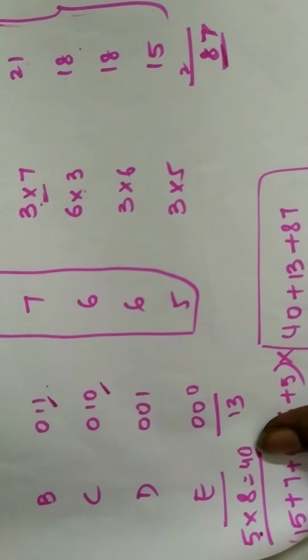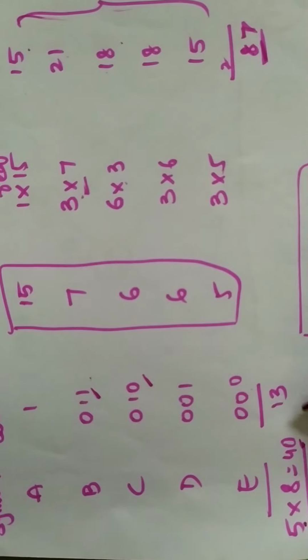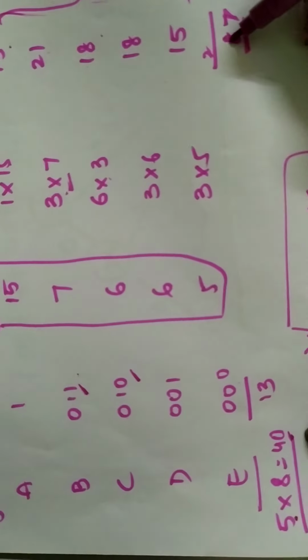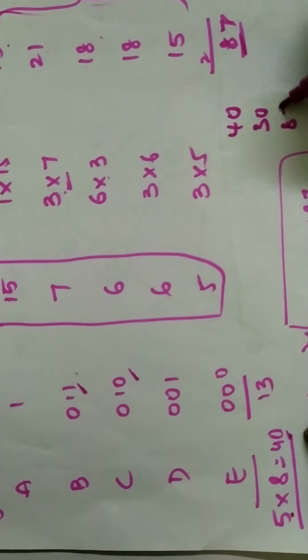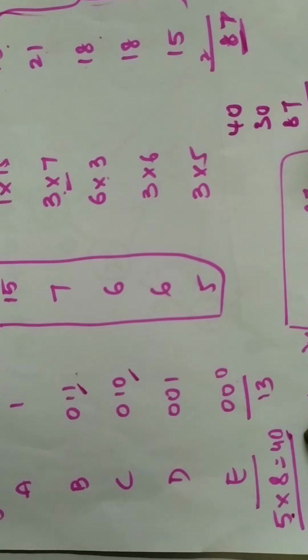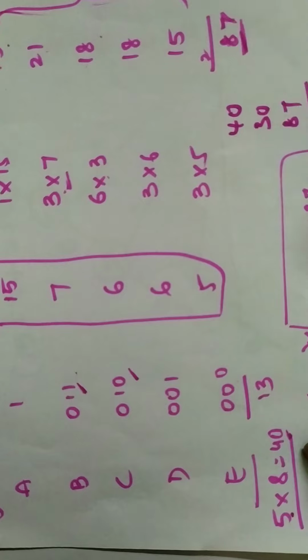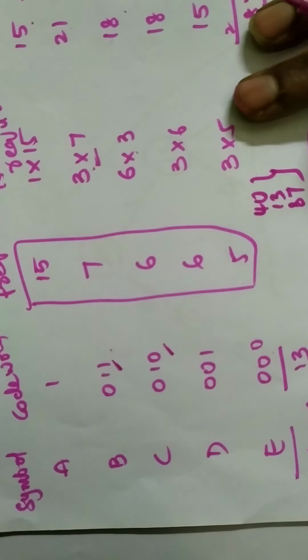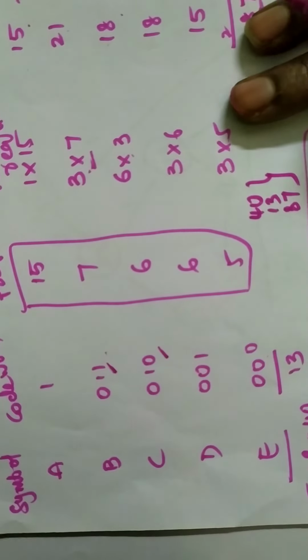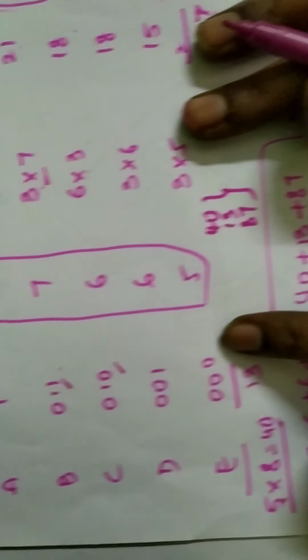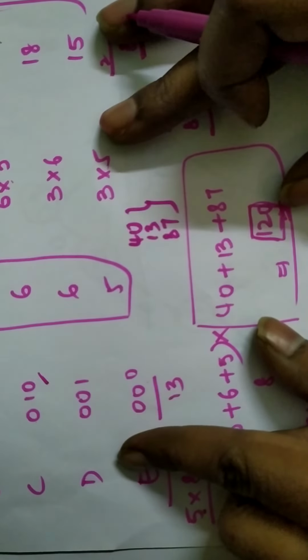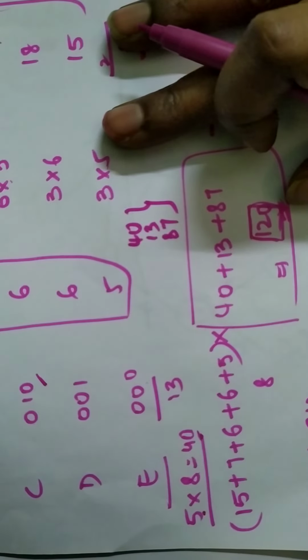The next step is to add these 40, 13 and 87. It gives the value 120.